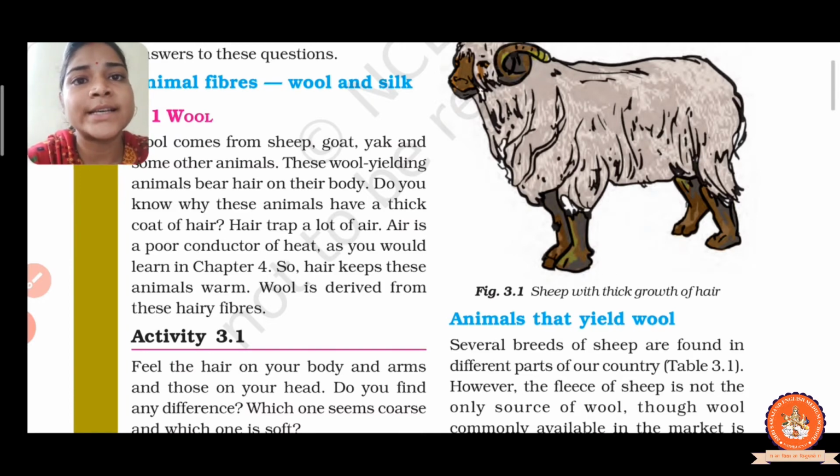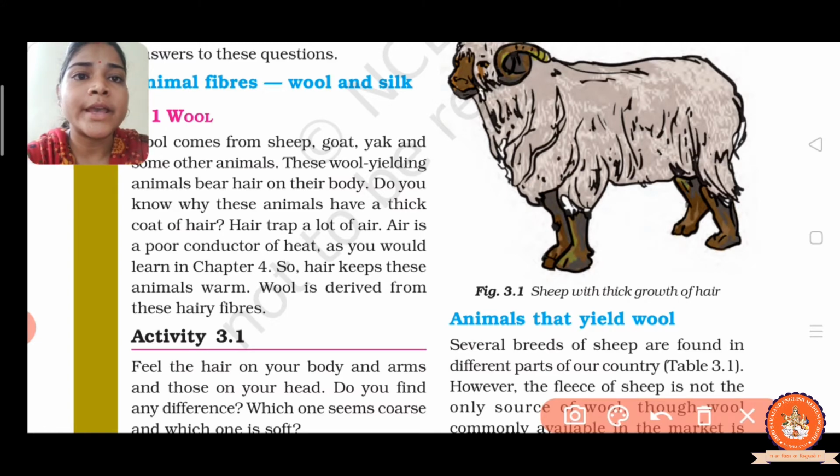Now let us discuss wool, right? So the question arises, from where do we get wool? Wool comes from the hair of sheep, goat, yak and some other animals. The hair is called fleece, right?